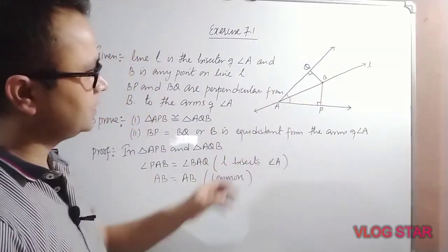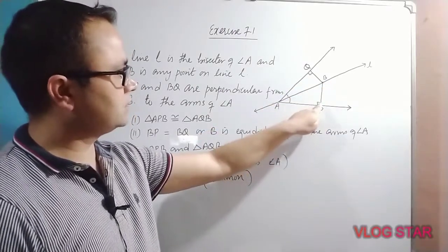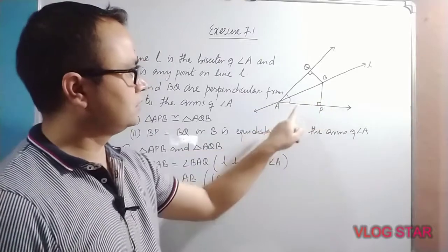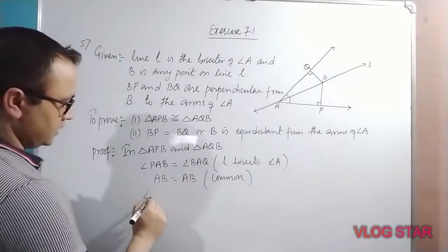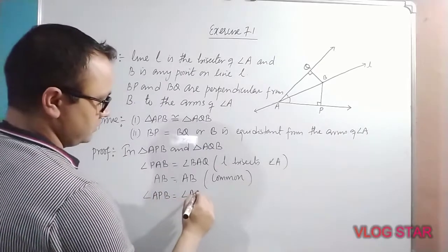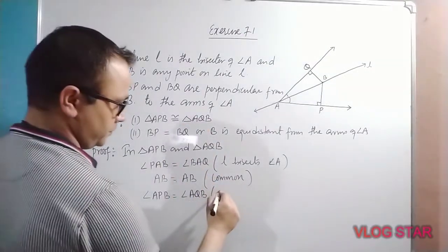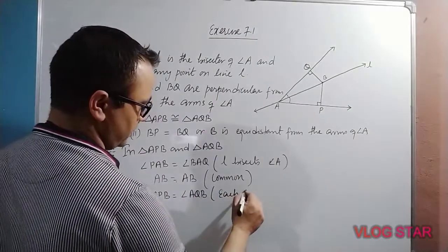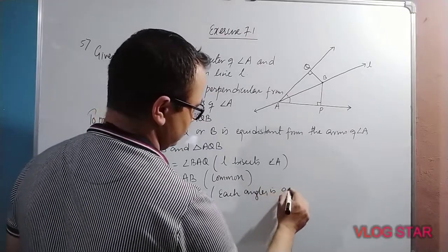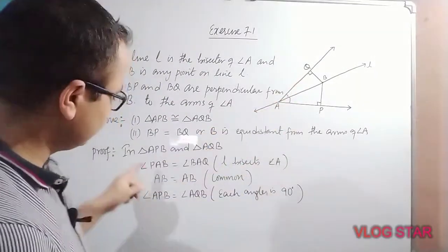And the last reason is angle APB equals angle AQB. Why? Because each angle is 90 degrees. So we get these three reasons.